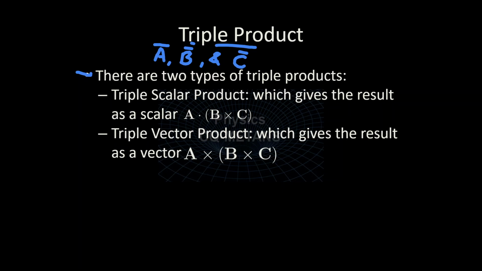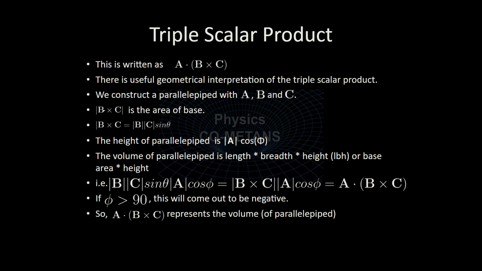So the scalar triple product gives the result as a scalar, and that operation is A dot B cross C. And the triple vector product, which gives the result as a vector, is A cross B cross C. It is written like this.